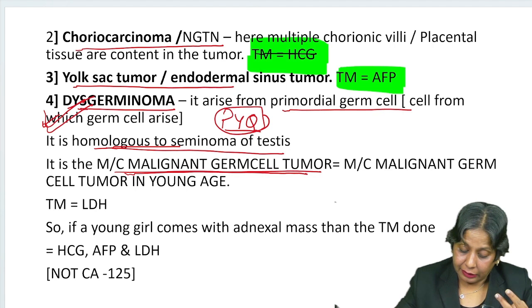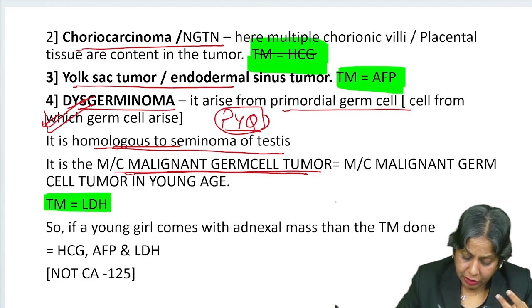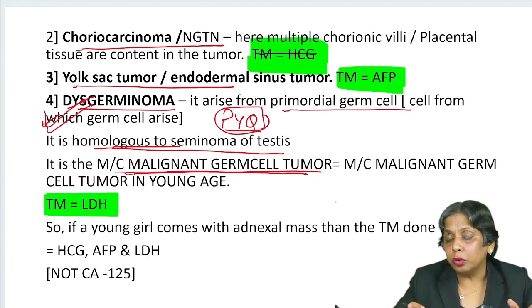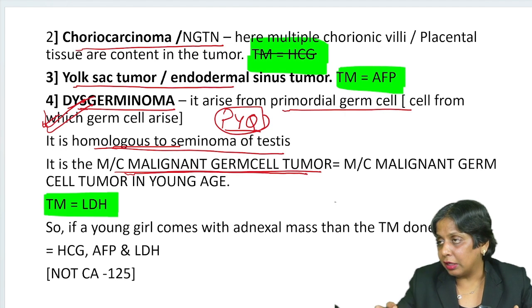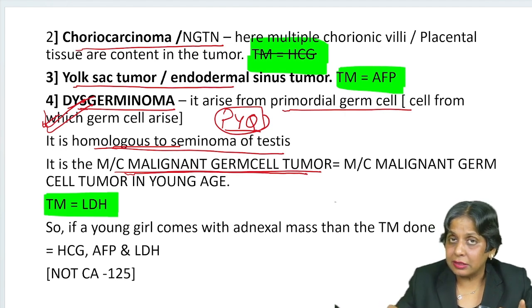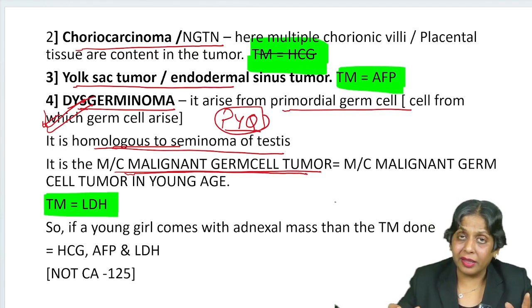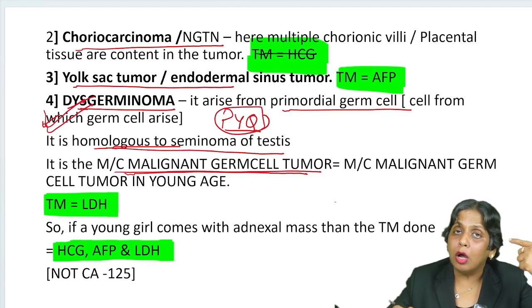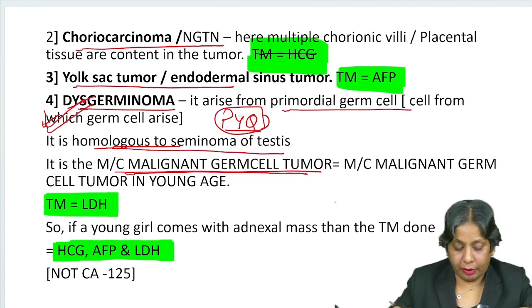Now the tumor marker of dysgerminoma is LDH. So if a young girl is coming to us with an ovarian mass and on the ultrasound we are not able to see the dermoid cyst, then we will get these three tumor markers done, which are HCG, AFP and LDH, to rule out choriocarcinoma, yolk sac tumor and dysgerminoma, right?